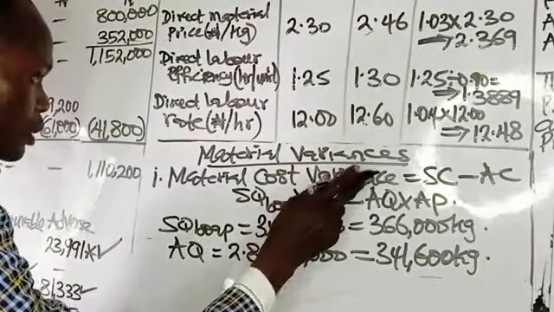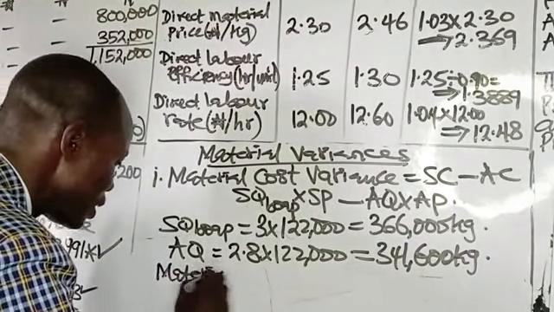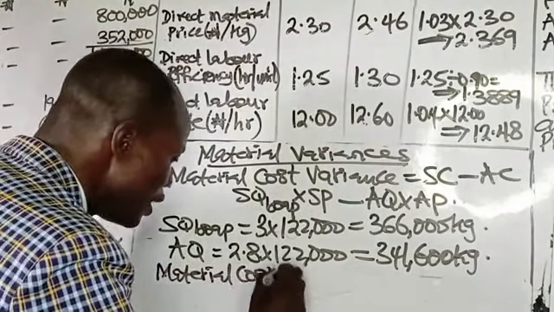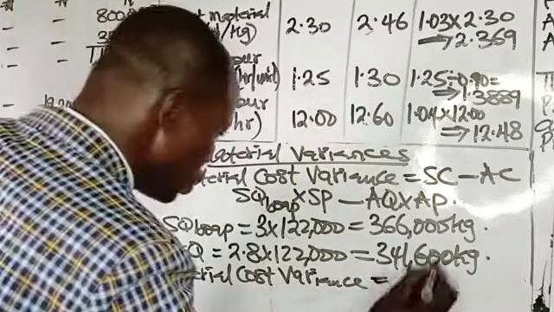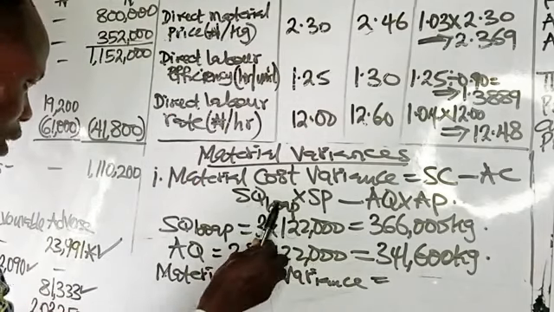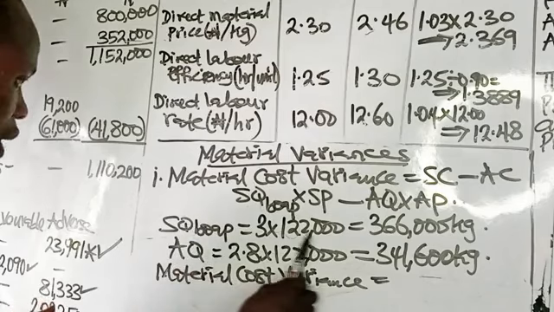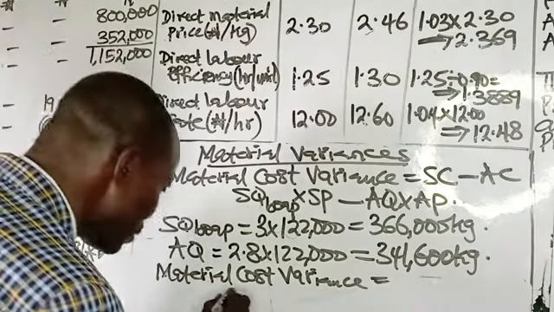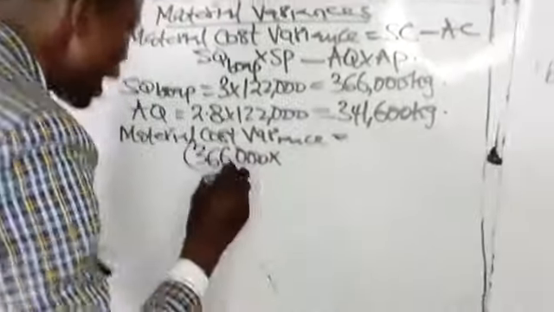Therefore, material cost variance, we said it is equal to the standard quantity based on actual production and standard price. And our standard quantity based on actual production is 366,000 kg, times standard price.